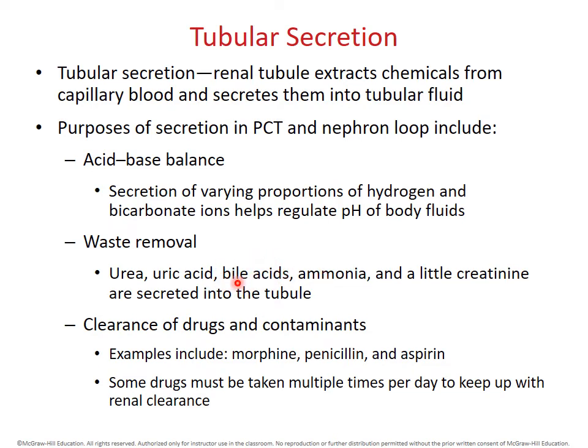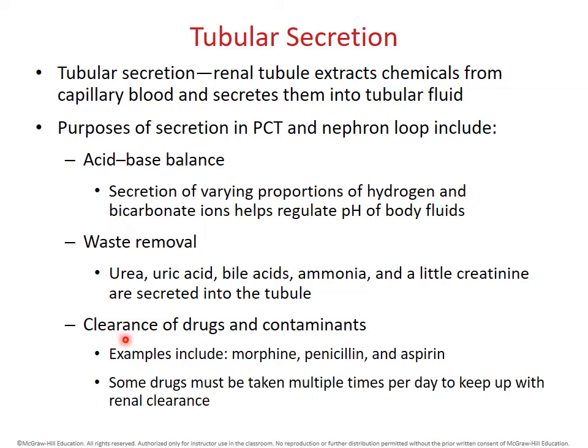Some acids, again, that are related to bile reabsorption in the small intestine. Ammonia, another nitrogenous waste, very toxic, so we want to make sure none of that remains in the blood. And some creatinine can be excreted. Again, this is very precise and very fine-tuned to make sure we regulate the concentration of the blood very precisely.